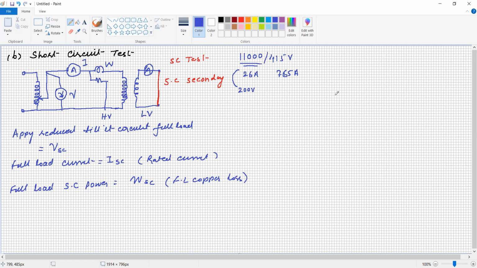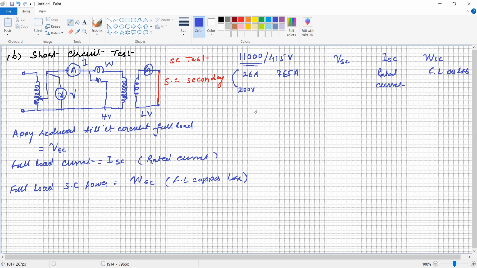So there are three readings: VSC, ISC, and WSC. Here it is a reduced voltage, whereas it is a rated current, and here is the full load copper loss.